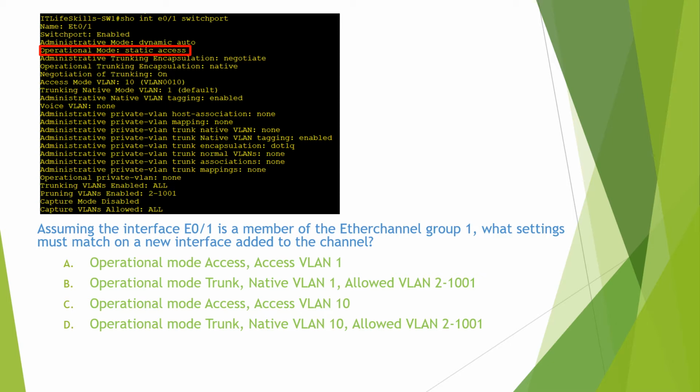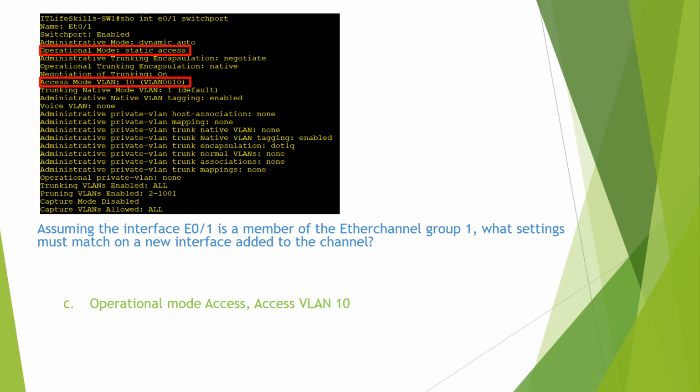Therefore, we will also need to check the access VLAN, and in this case, it is VLAN 10. So the answer to this question is C. The operational mode is access and the access VLAN is VLAN 10. You can find the detailed explanation for this question in the video.